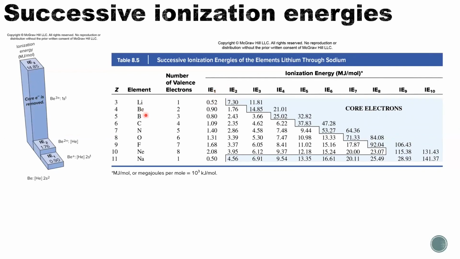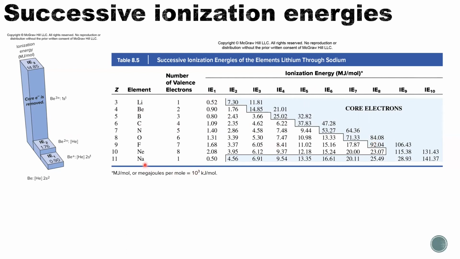We talked about beryllium, and for beryllium, it's the same, moving from 2s or 2p, so two level orbitals, to one level orbitals, there's a huge jump. The same with carbon, nitrogen, oxygen. So this trend is true.